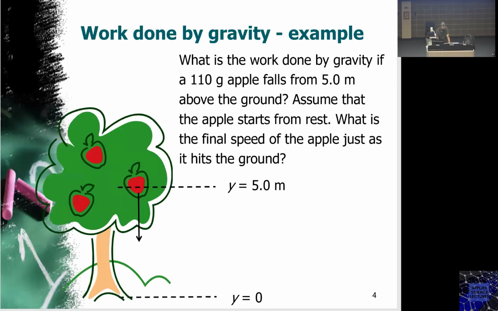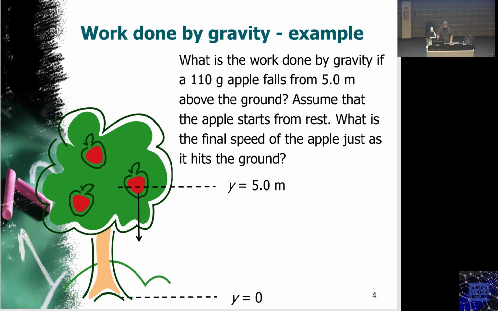Now let's look at this example where we need to calculate the work done by gravity. The question is the following: what is the work done by gravity if a 110-gram apple falls from 5 meters above the ground? Assume the apple starts from rest.